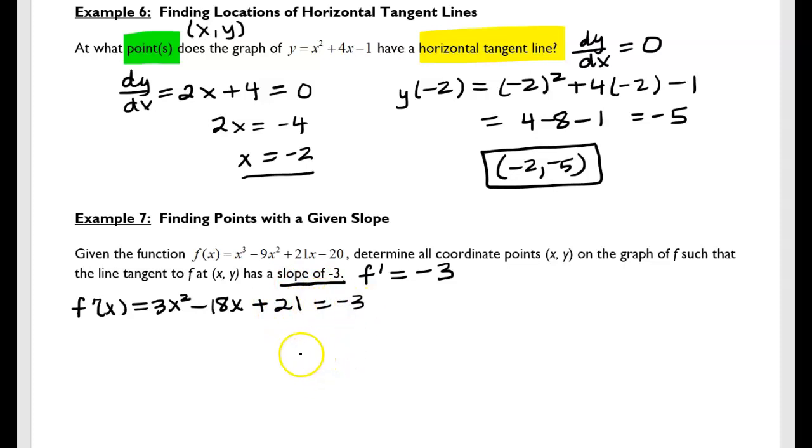Now before you get excited and try to factor that left side, remember that in order to solve an equation like this, we actually want the right side to be 0. So we're going to add 3 first to make sure we have our quadratic set equal to 0. And now I can solve. So the first thing you want to do is divide this by 3.